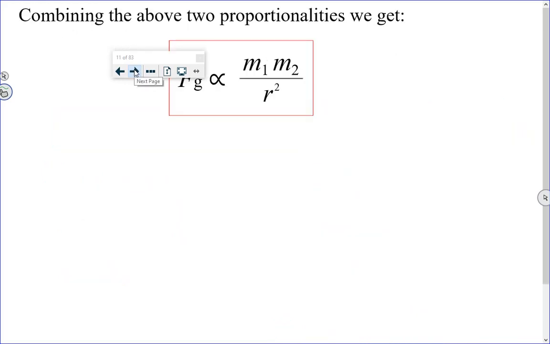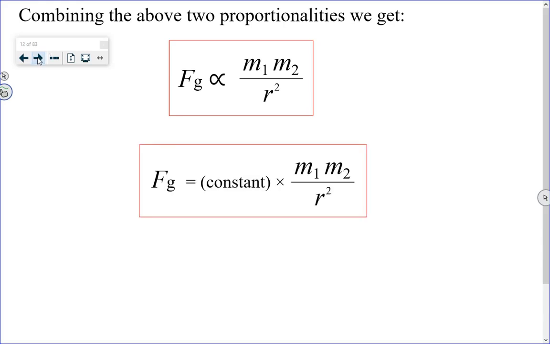Now it turns out that if you have the force being proportional to the product of the masses and the force being proportional to the reciprocal of r, that mathematically we can say the force, according to Isaac Newton, of gravity between two masses a distance apart will be proportional to m1, m2 over r squared. This is Newton's hypothesis.